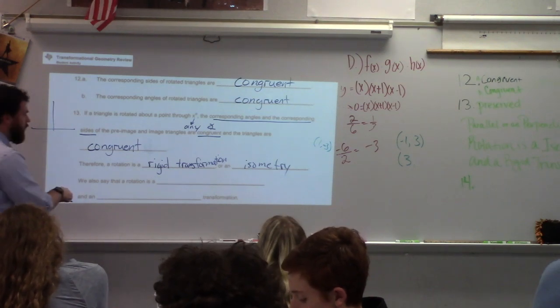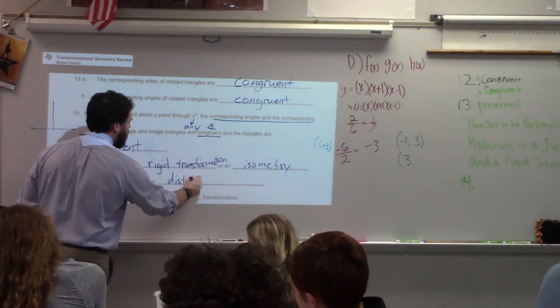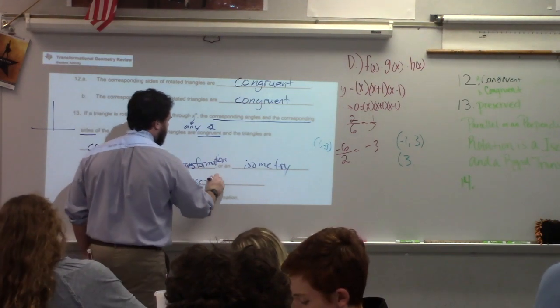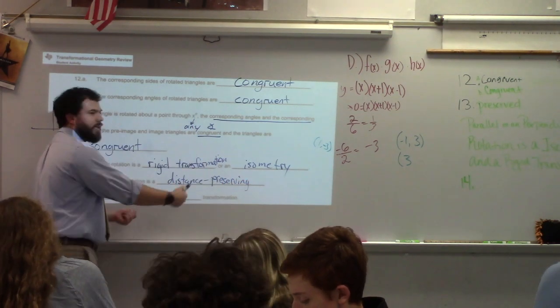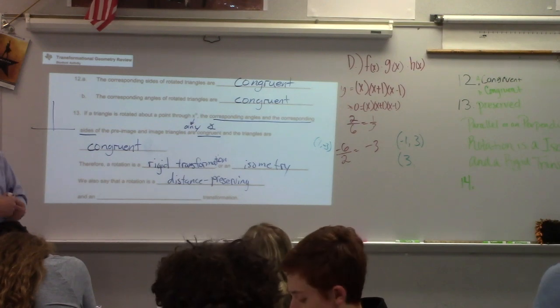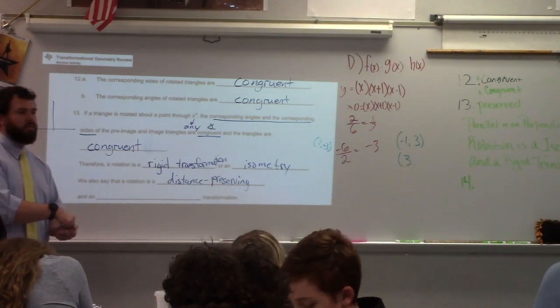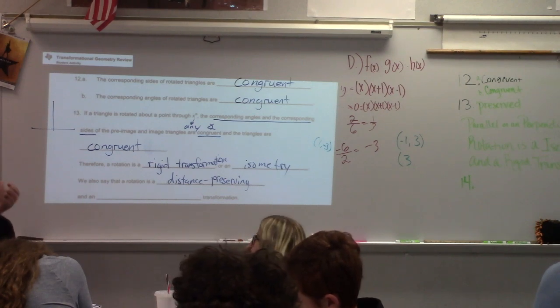That's what they're looking for here. We also say the rotation is distance preserving. I totally understand it's not getting this one. But what does that mean when we say distance preserving? We're saying that the side lengths are the same. Because it's a rigid transformation, because it's an isometry, we have a distance preserving transformation.